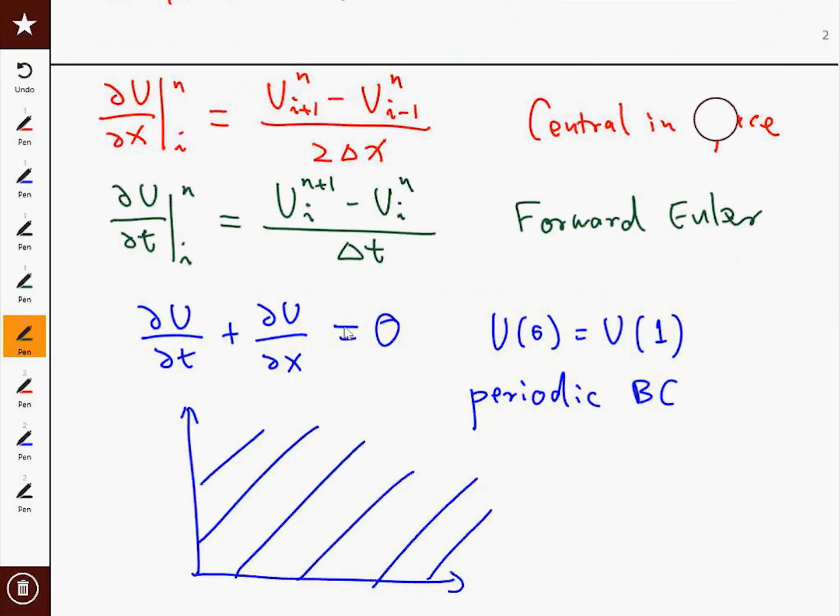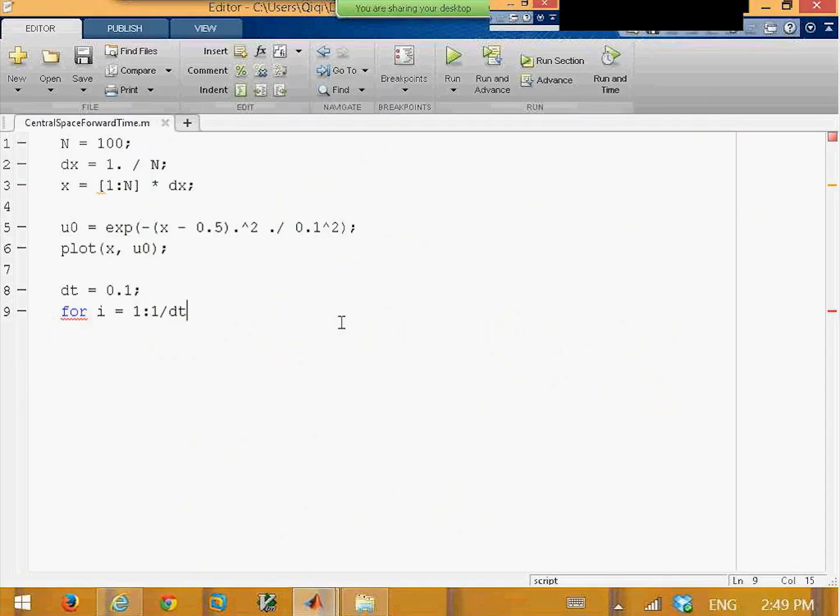That is because in my equation, the small c is equal to 1. So after 1 time unit, the solution should go through the domain once and end up exactly at the same location as the initial condition, right?